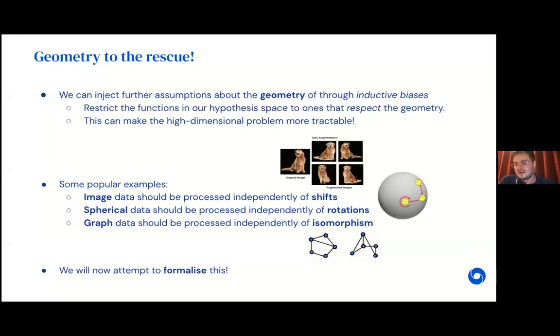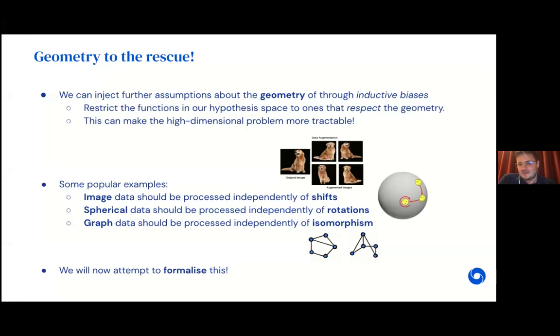And an area which is particularly dear to me, graph representation learning, processing data that lives on arbitrary graphs. There are many different ways in which I can choose to present an equivalent graph to you. Here I've given two tiny examples of two graphs, which if you stare at them for long enough, you'll see they're actually exactly the same graph, just presented in a slightly different way.